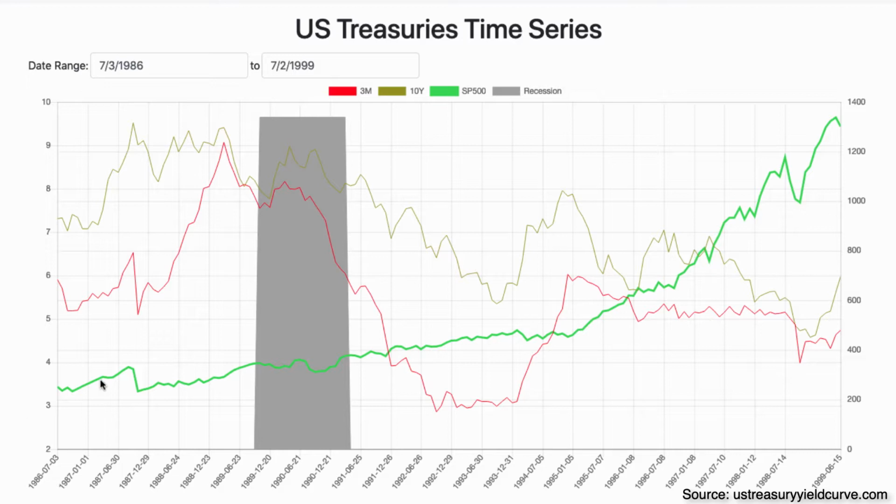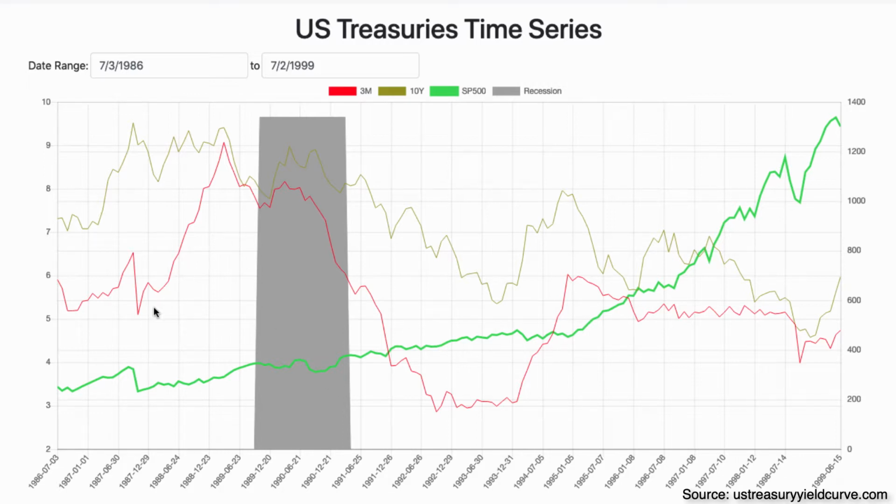And what's interesting about this recession is that you didn't really get that 3-month yield curve going above the 10-year. However, you did have a recession occur, so you didn't get the indicator, but you got the recession, and you got a little bit of a stock market crash during that time period.